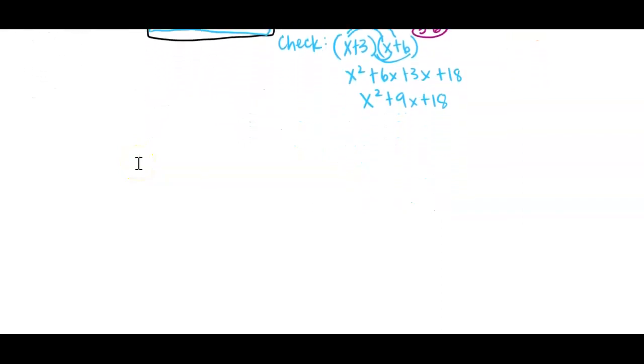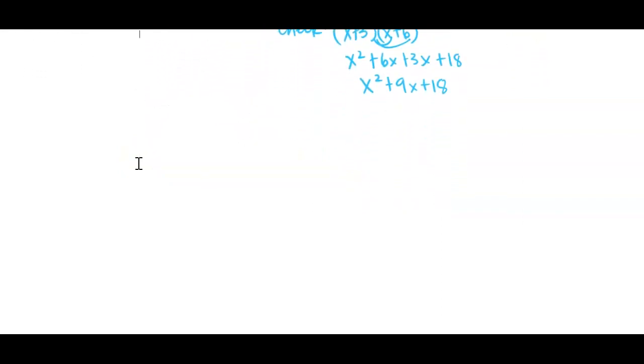All right, let's look at another one. How about this one? Let's do this next example. Let's do x squared plus 2x minus 24.